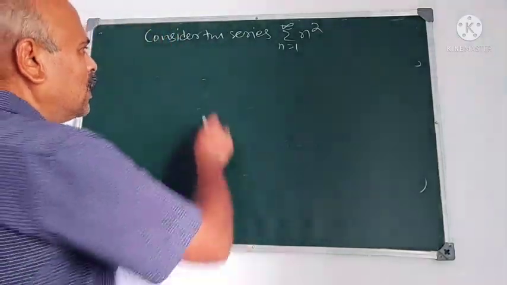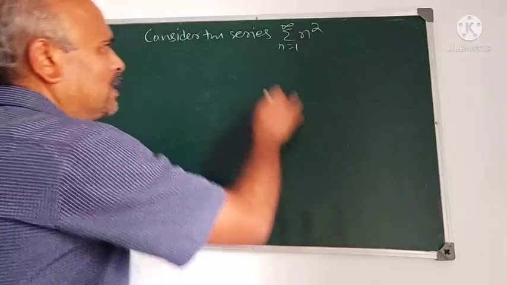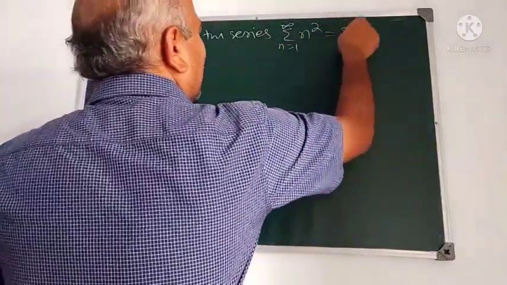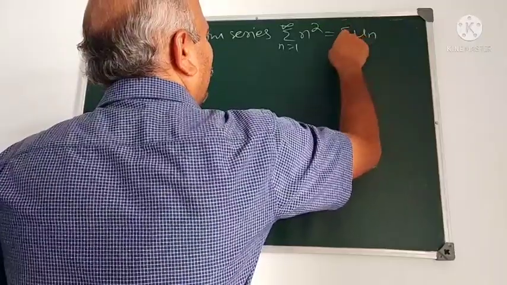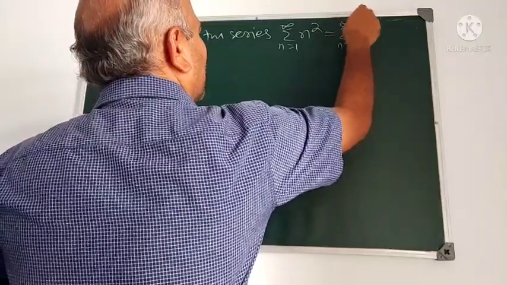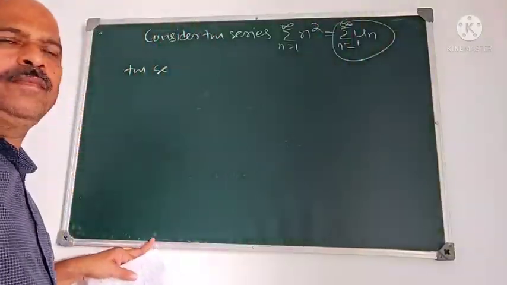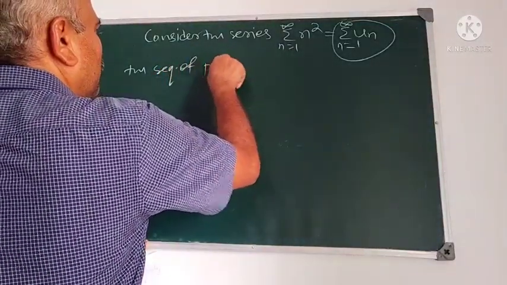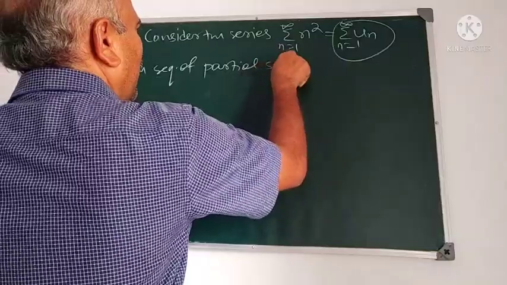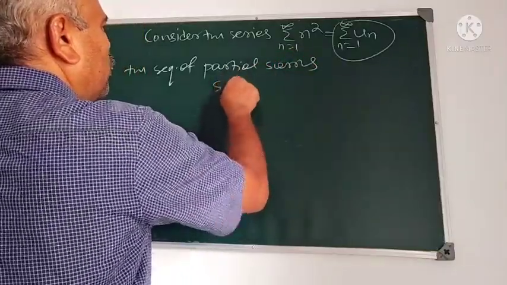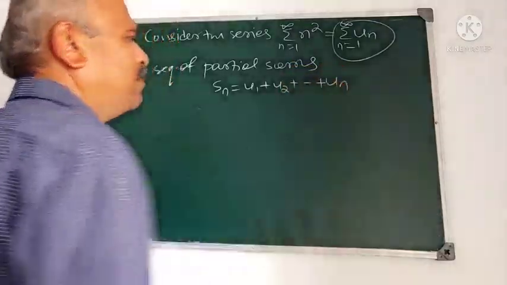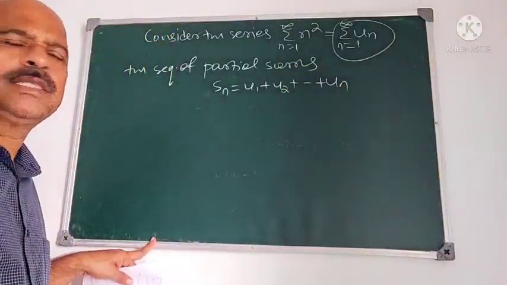The series converges if the sequence of partial sums converges. I take sigma un, n equal to 1 to infinity. This is our notation, sigma un. Now the sequence of partial sums Sn, how to define? u1 plus u2 plus etc. plus un. This is the sequence of partial sums.